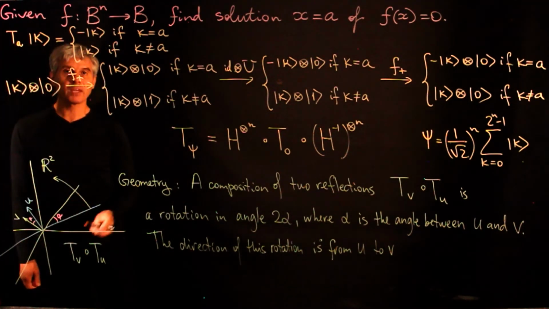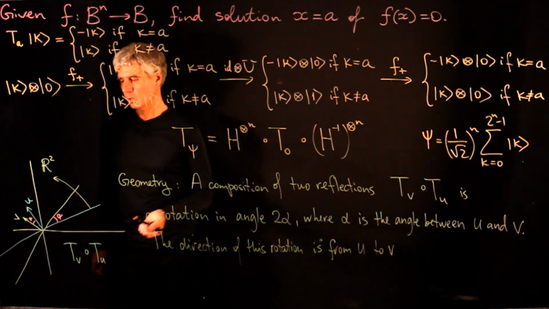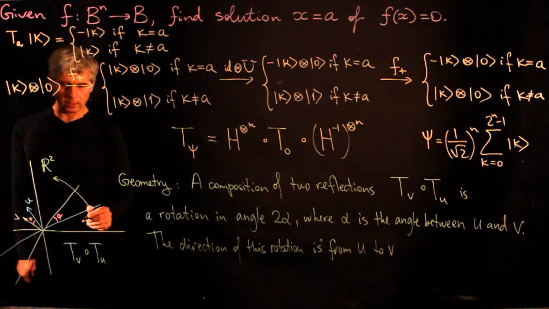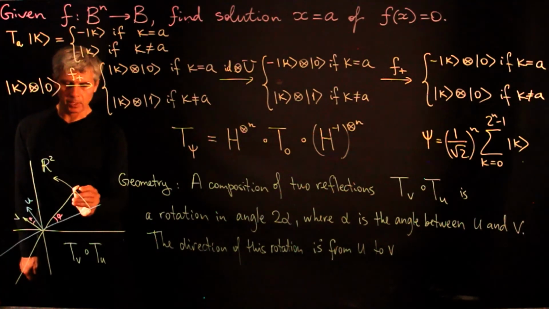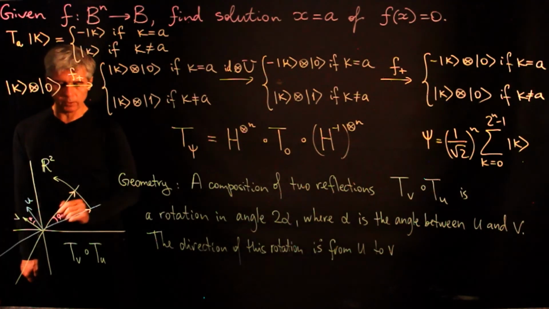So how can we verify this? These are linear transformations, so it's enough to check this on two basis vectors. Let's take two basis vectors that are on the lines perpendicular to u and v.